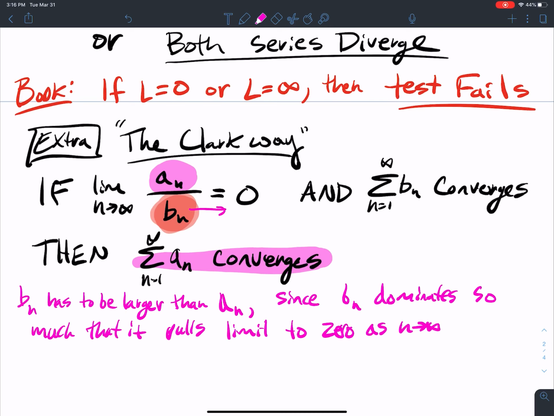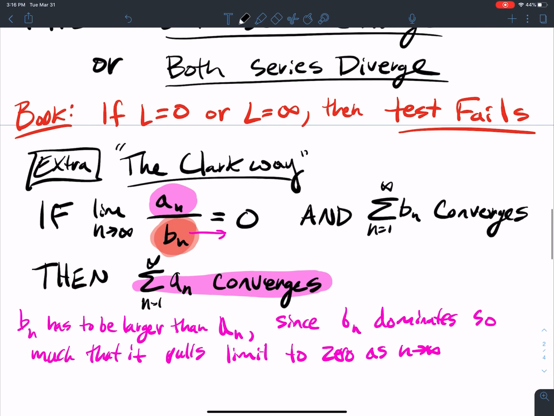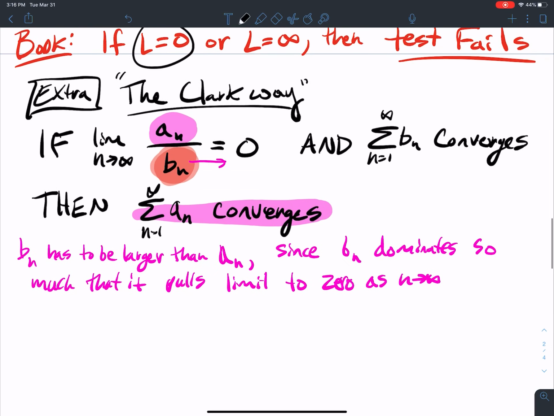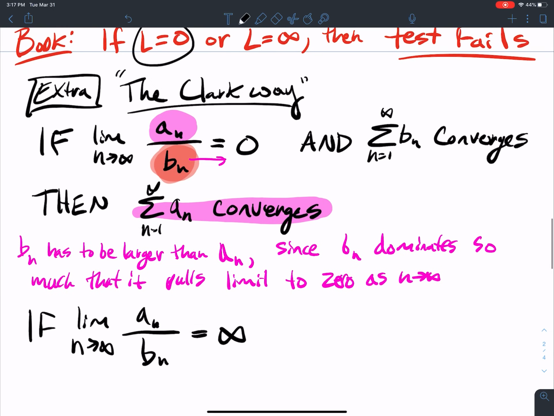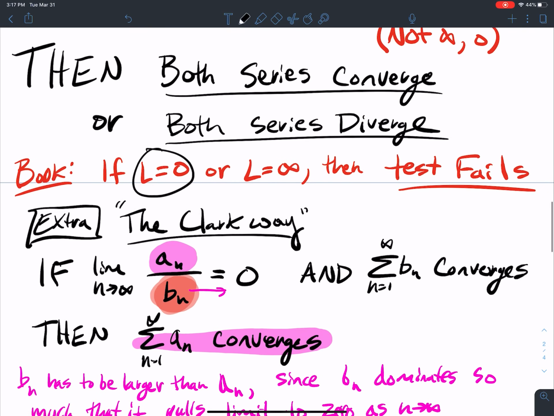Okay? Now, another thing, instead of L being 0, we run into the scenario of if the limit as n goes to infinity of a n over b n is equal to infinity, okay? Now, if that's all we know, then the test fails and we're done, right?